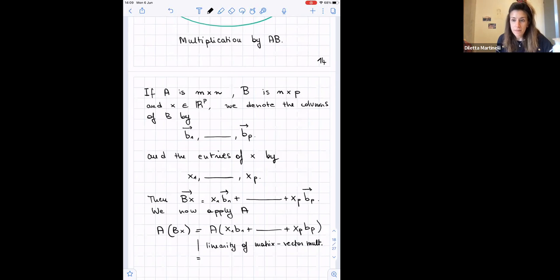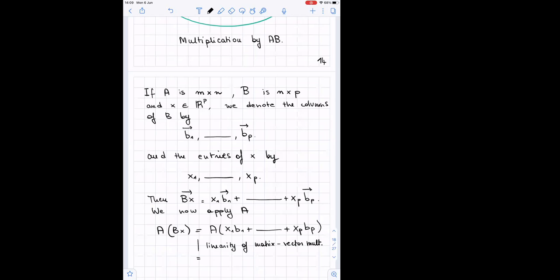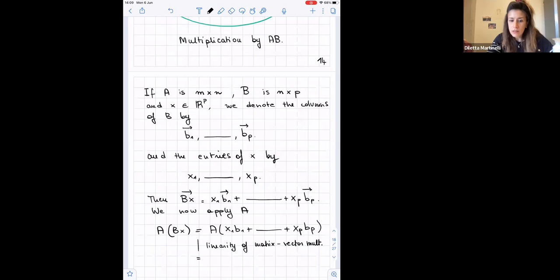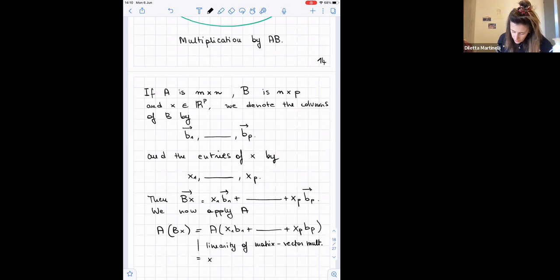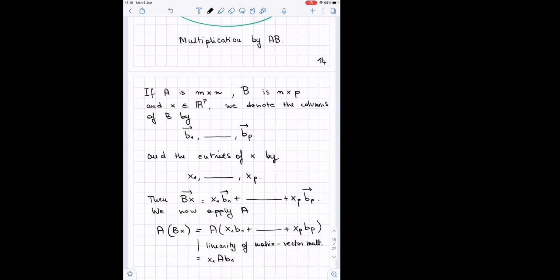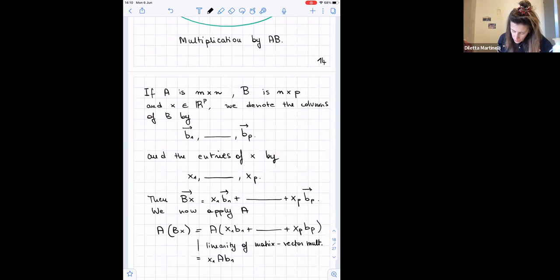Can you tell me? It's x1 A B1, plus, exactly, x2 A B2. So the coefficient is x1, and then A applied to B1 plus ... plus xp A applied to Bp.